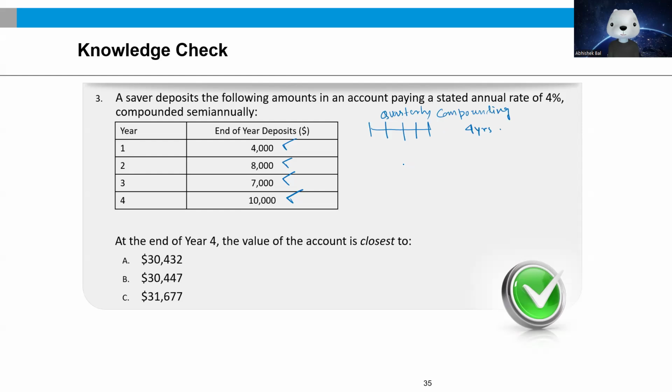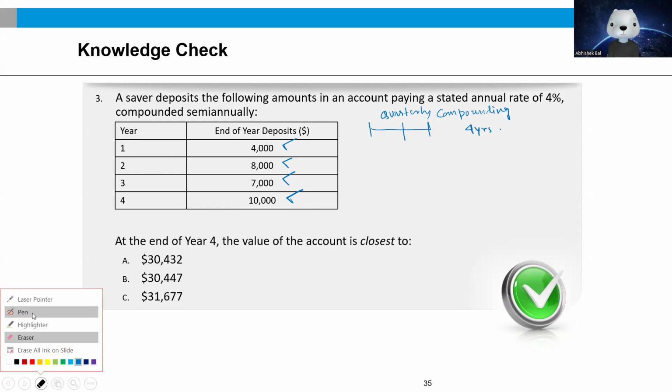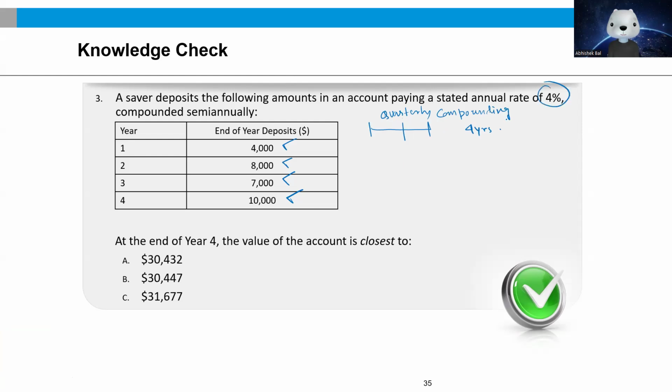Now, this should be easy. Oh, sorry. I'm sorry. It's not quarterly compounding. It's semi-annual compounding at 4% interest rate. So how do we do it?